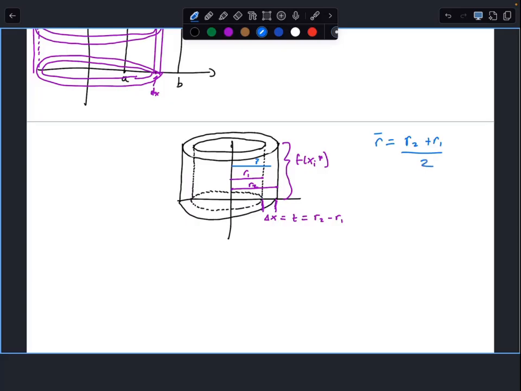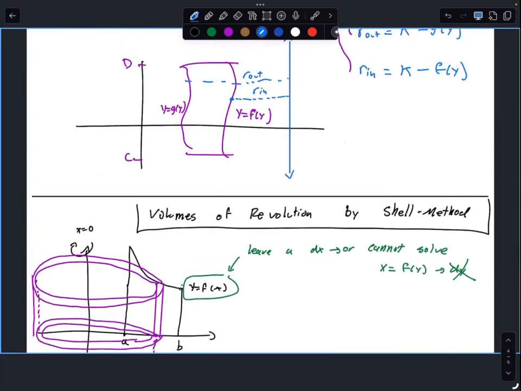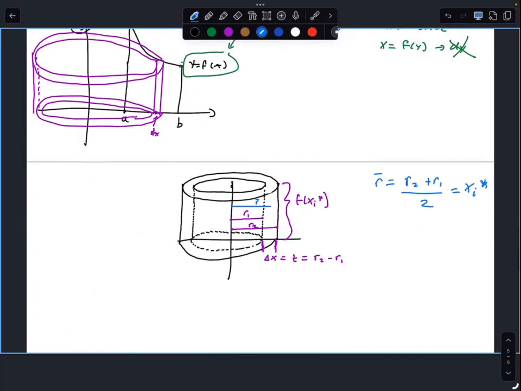That's the center of these two radii, which is x sub i star. That's where x sub i star is coming from. It's somewhere between that partition, remember the ith interval? When I chop this up, I found one slice, x sub i minus 1 to x sub i, and I have to pick some value in that region for where the height is going to be found. Okay?